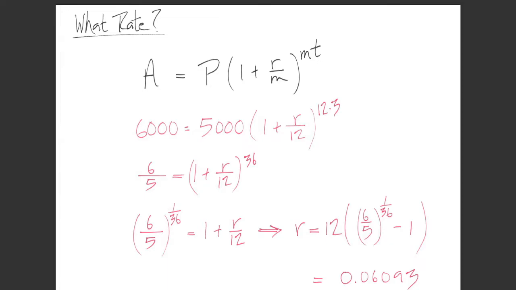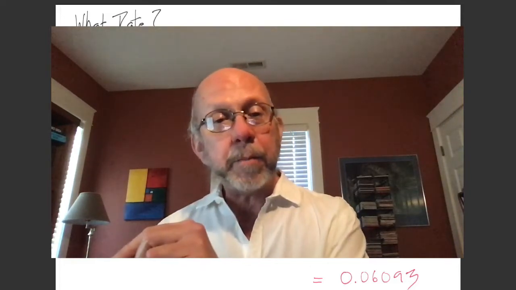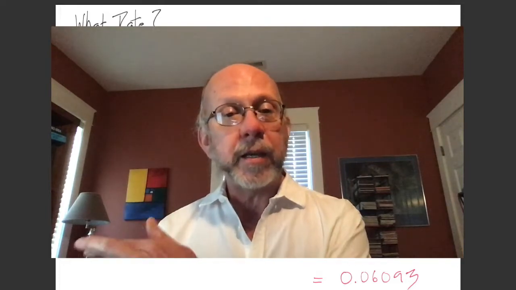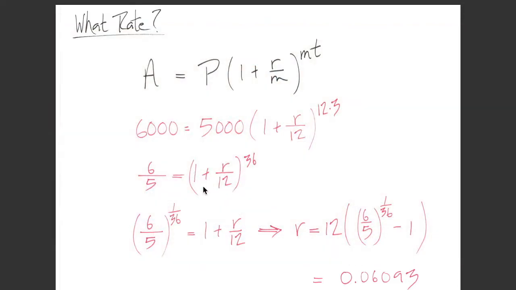What we were using there is the property that x to the m power raised to the n power is x to the m times n. And here my x was the 1 plus r over 12.